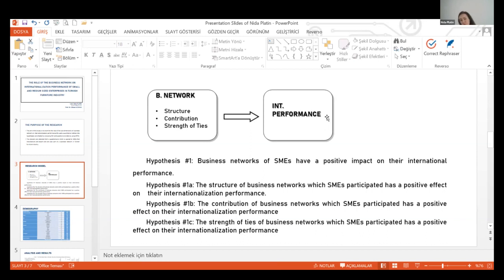We asked questions such as, have you reached the turnover target that you set for your internationalization process in the last 3 years? In the last 3 years, did you increase the number of your customers, the number of your markets, and have you reached your growth target in overseas operations?